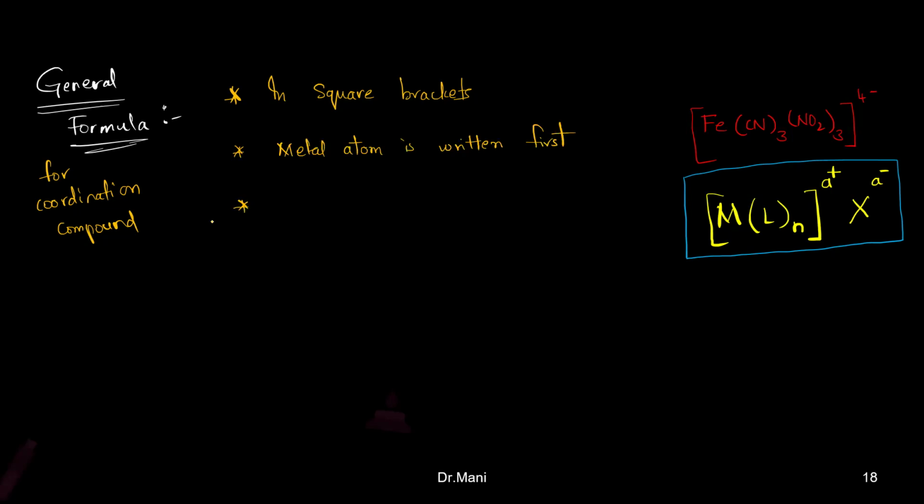After that, you will be writing all the ligands. Here, cyanide is a ligand, NO2 is a ligand. And how do you write them? Based on alphabetical order. Suppose this starts with C, so it comes first, and then N comes later. So you should write the ligands in alphabetical order.